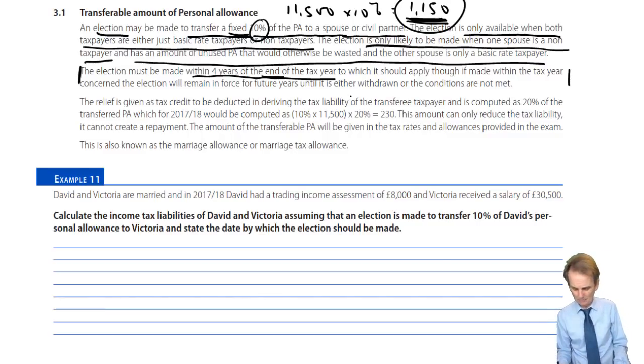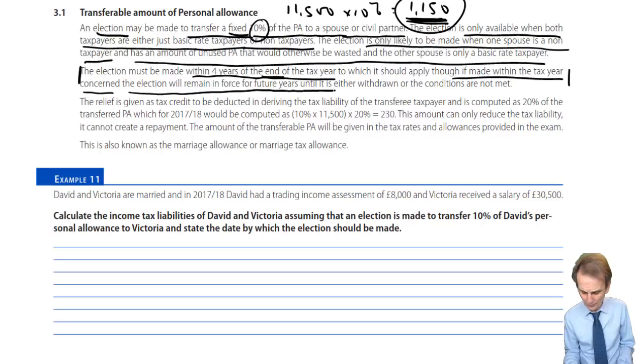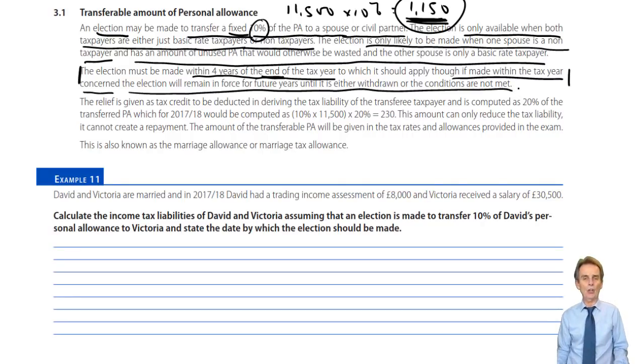Or what you can do, as it says here, if you make the election within the tax year concerned, the election will then remain in force for future years until either it is withdrawn or the conditions are not met. There, basically, with the conditions not being met, one of the taxpayers would be a higher rate taxpayer.